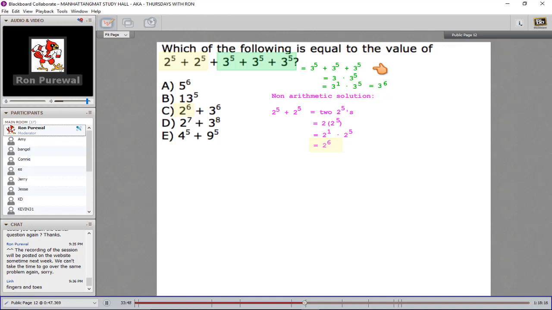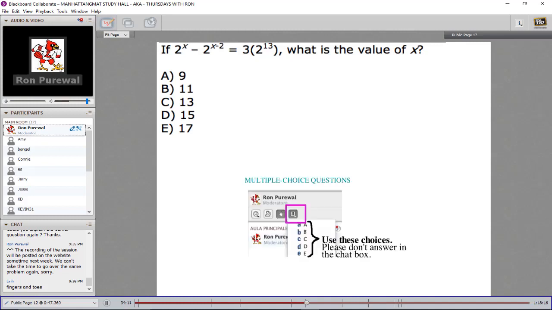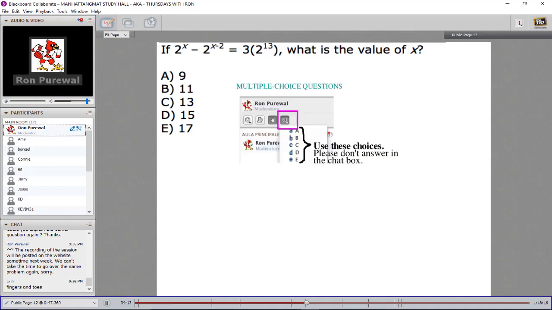Okay, let's do another one. How about this one? Remember, these are numbers that mean things in the world. And don't forget where your multiple choice answers are found. Give it a shot.